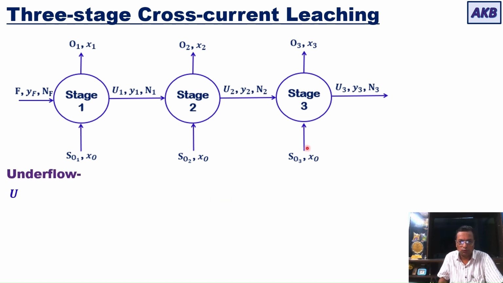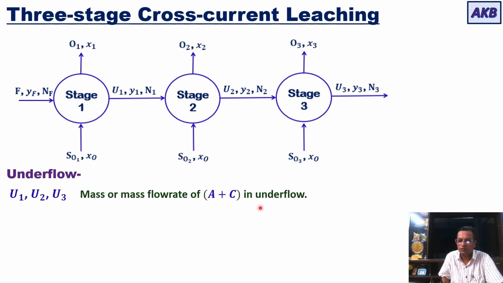Then you have underflow. You have U1, U2, U3. These are masses or mass flow rates of A plus C in the underflow that comes out of various stages. Masses if it is a batch operation, mass flow rates if it is a continuous operation.